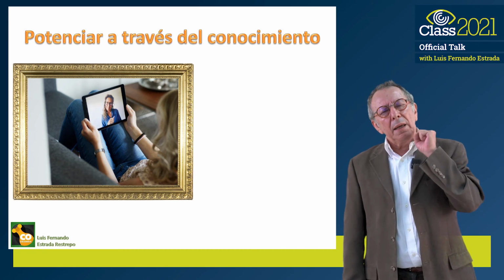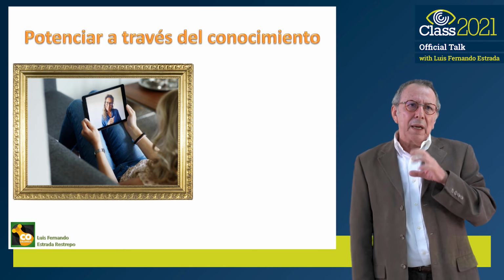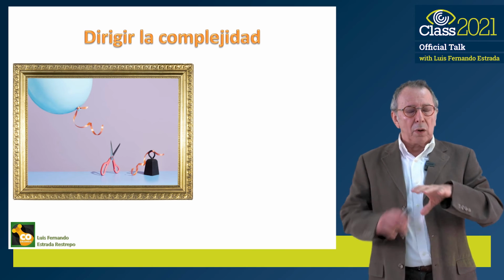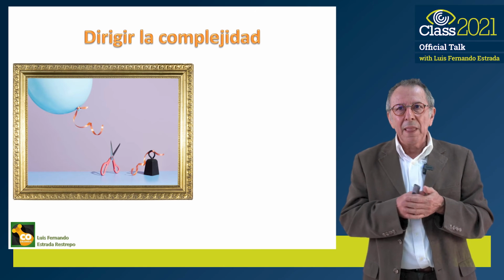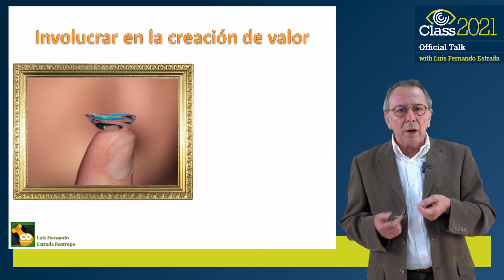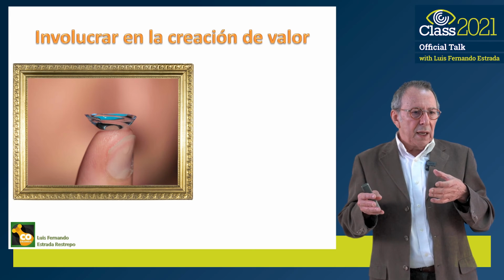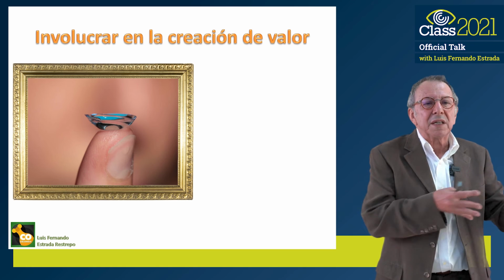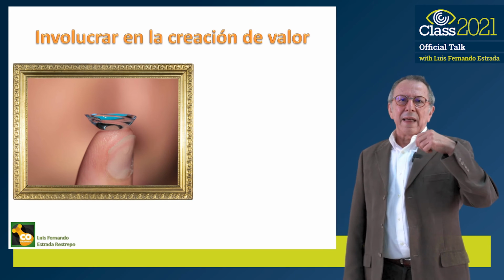There is an element that speaks of involving patients in creating the value. Value propositions should try to involve you in creating value. For example, I am going to give you the simplest example of all, and then we will go on to optometry. For example, IKEA. There you go to buy a piece of furniture from IKEA, and the supplier assumes that you are going to assemble the furniture so he can make a sacrifice on the price.